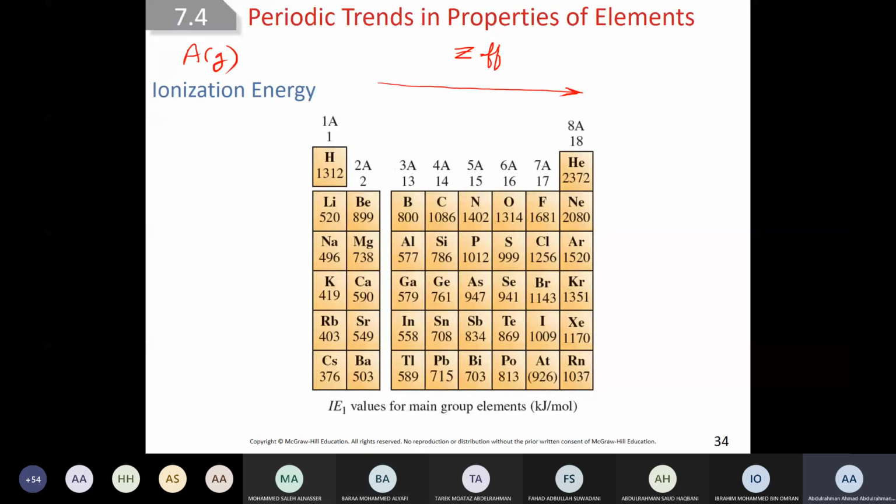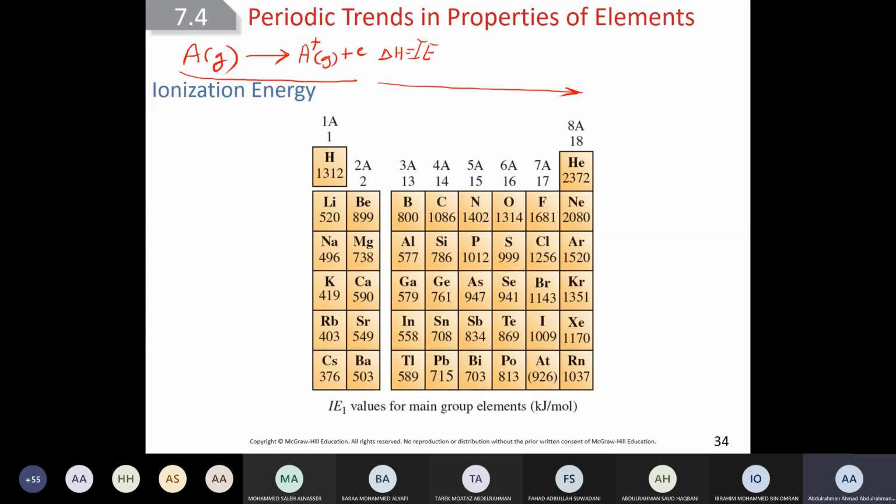A goes to what? A plus in gas plus an electron. Delta H for this reaction is equal to what? Ionization energy. Delta H is ionization energy.